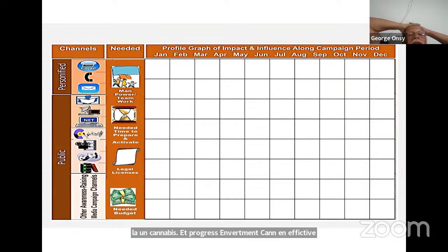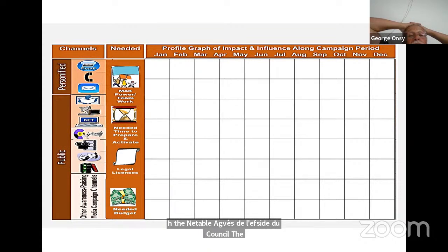So we put it in a table like this. On the left side, you can see the different channels of communications. It could be songs, movies, books, magazines, emailing, social platforms like Twitter, Facebook, and so on, and even non-traditional ways.